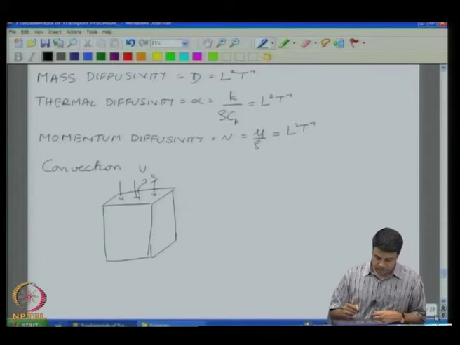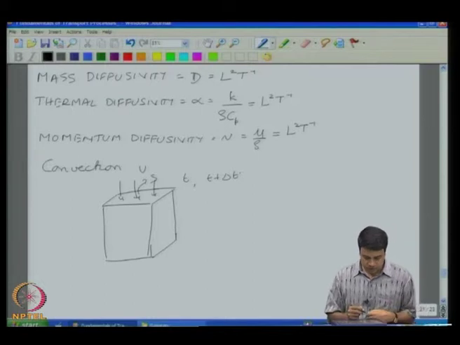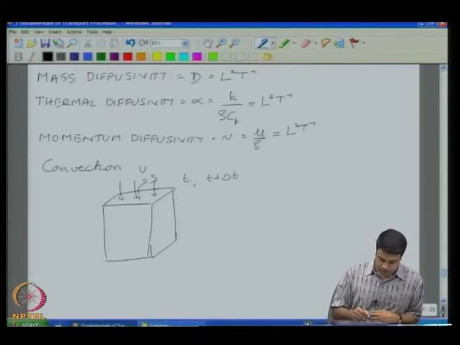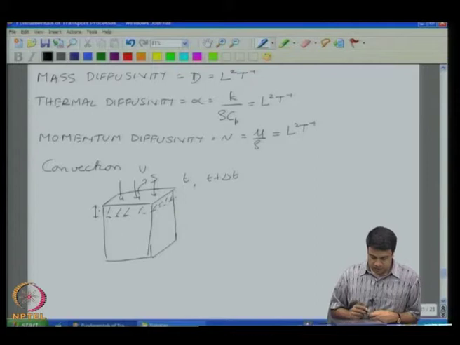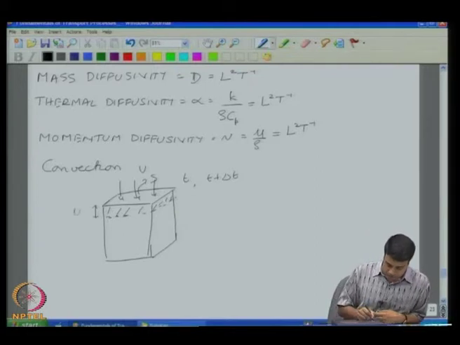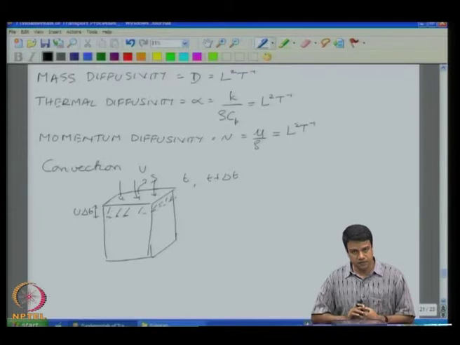So, let us look at two times, at time t and time t plus delta t. At time t there is a certain amount of material that has not yet entered. At time t plus delta t, some of the material that was here has come down into this differential volume. The distance it has moved is equal to u times delta t, within a time delta t.